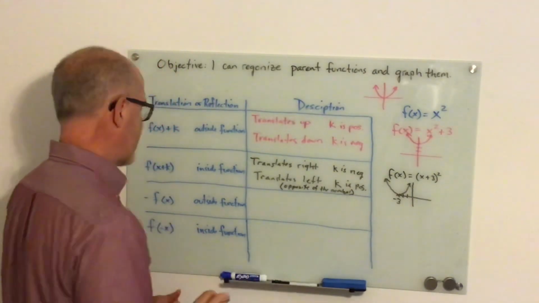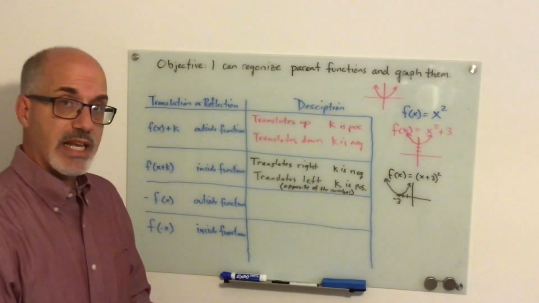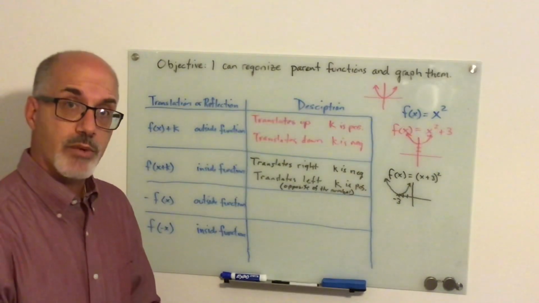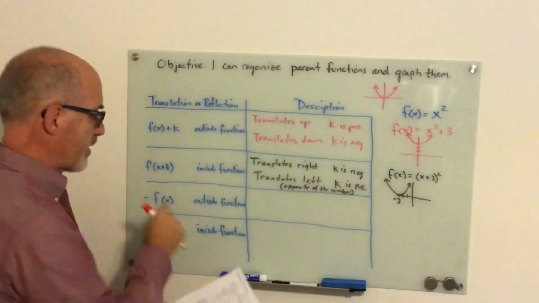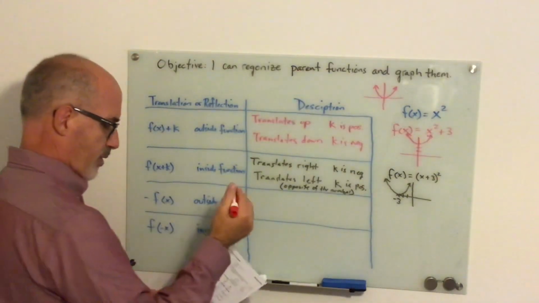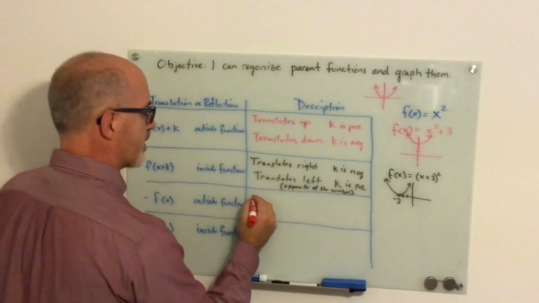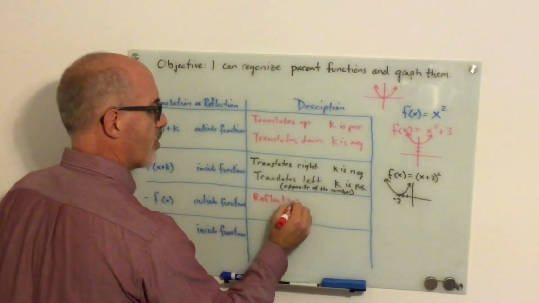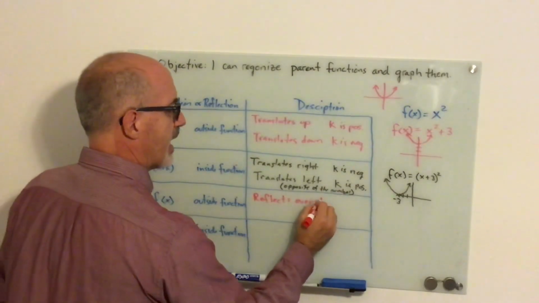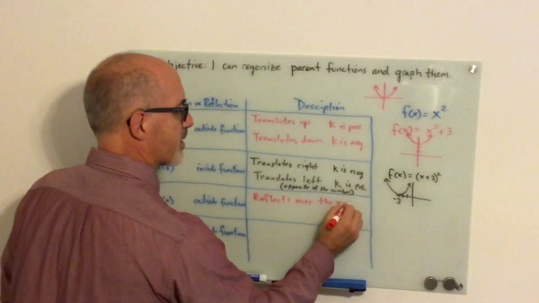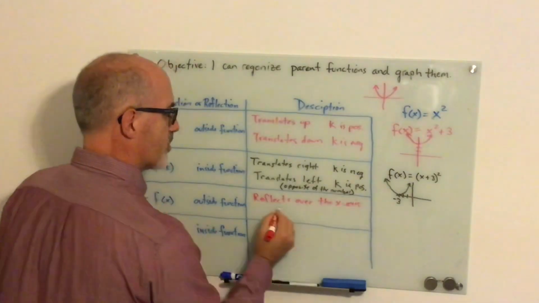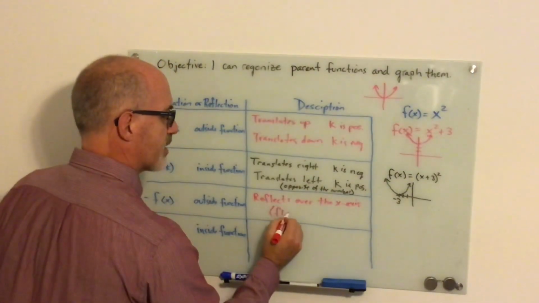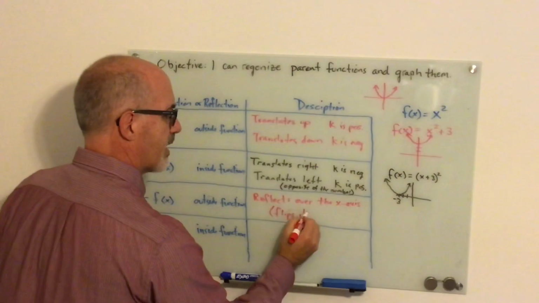All right, let's look at outside the function with the negative. This is where we get the reflections. If you have a negative in front there, it reflects over the x-axis, so it flips it down.